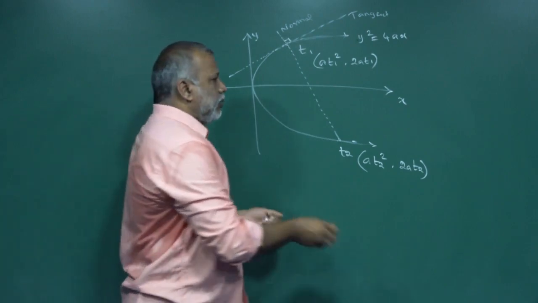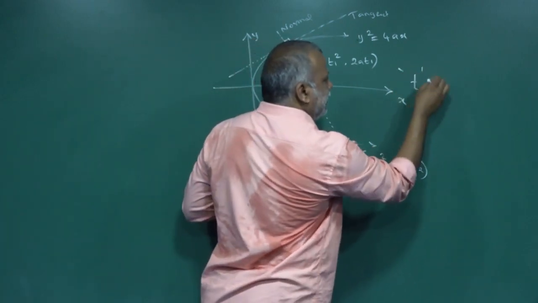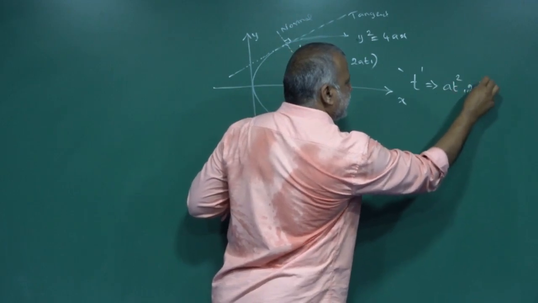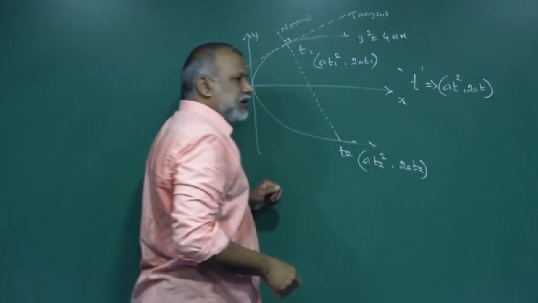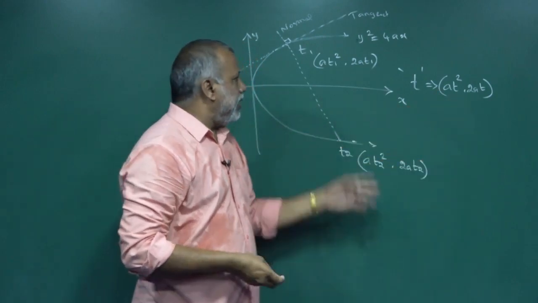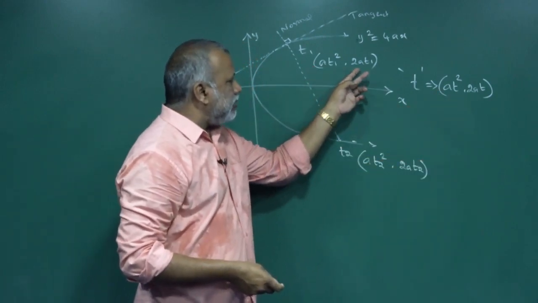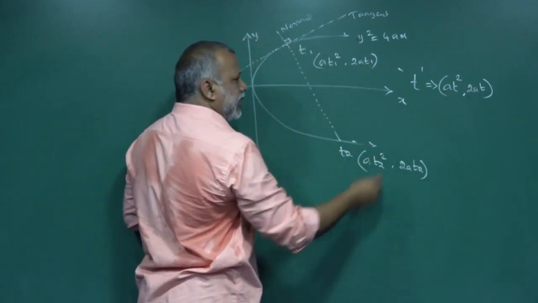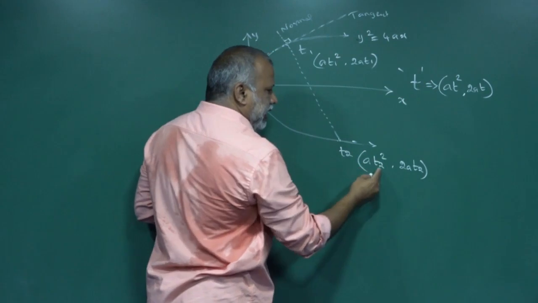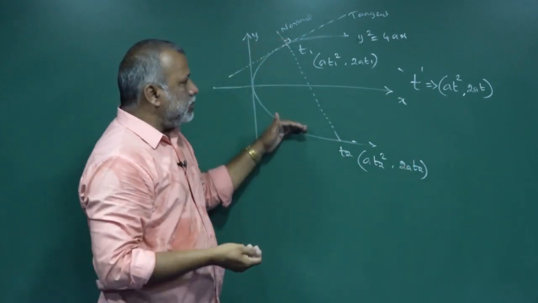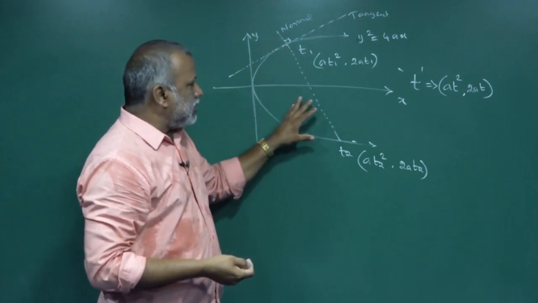In general, what is the meaning of t? t refers to the point (at squared, 2at), a parametric representation. Here t1 means (a t1 squared, 2a t1), just add the subscript 1. Again t2 means (a t2 squared, 2a t2). That's all. Now we are going to proceed with the concept.